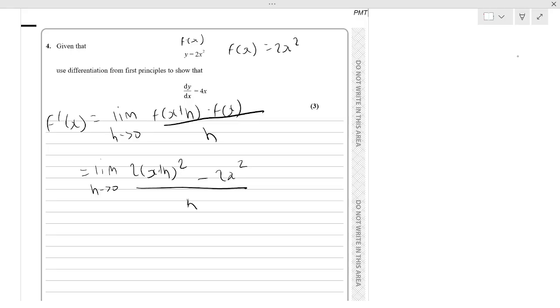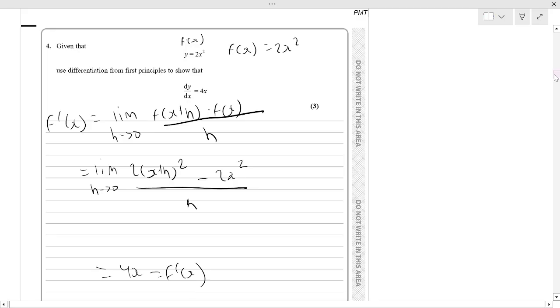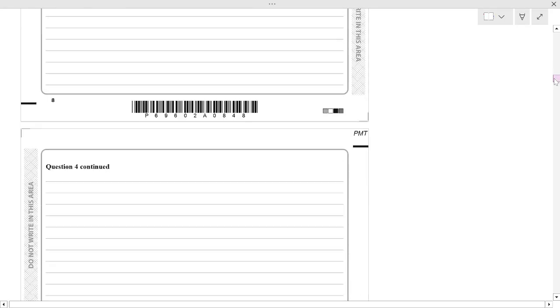Then you'd be able to divide by h, and if you substitute h is 0, eventually this will be all down to 4x, and that will be your derivative, okay? But I'm not going to go over that here. Hopefully you should be very familiar. It's a very, very standard proof, okay?